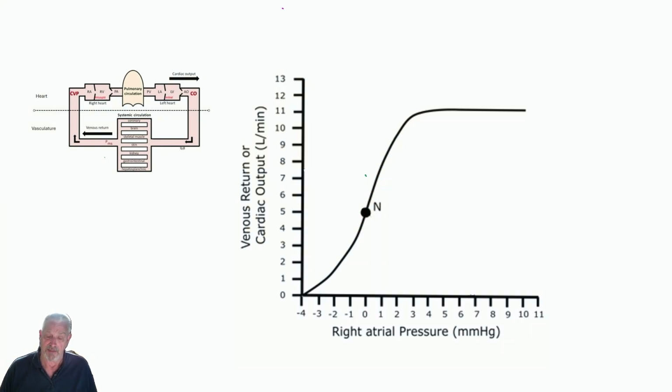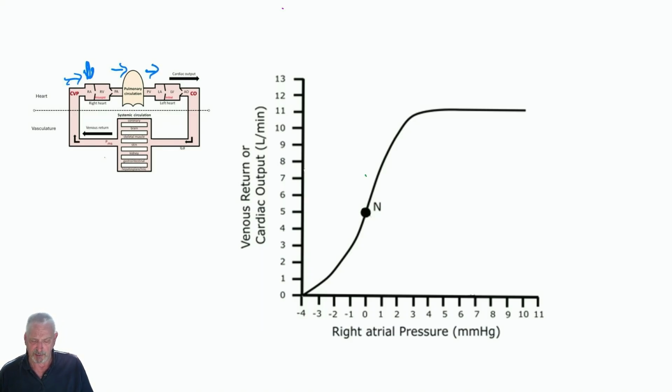Why is that? The answer is because right atrial pressure, looking back at our model here, is determined by how much flow is coming back here, which determines how much flow goes into the pulmonary circulation, which determines how much flow comes back here.